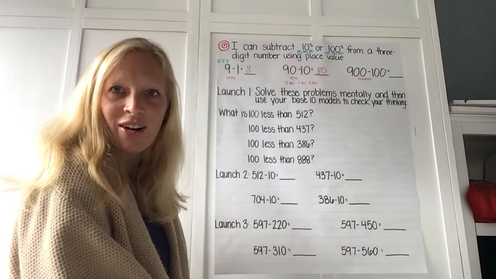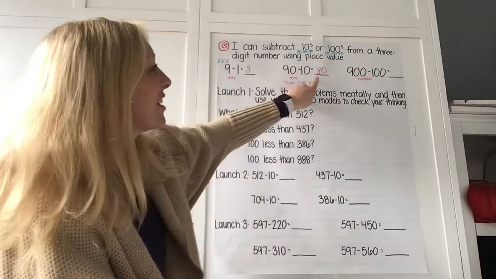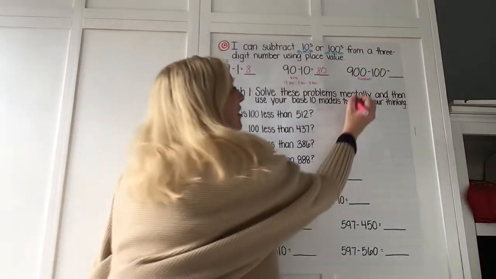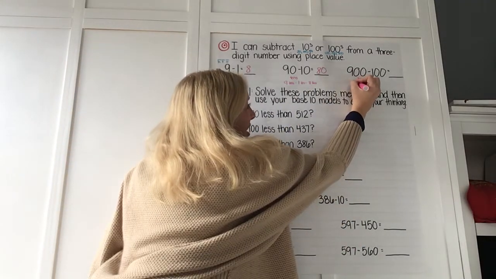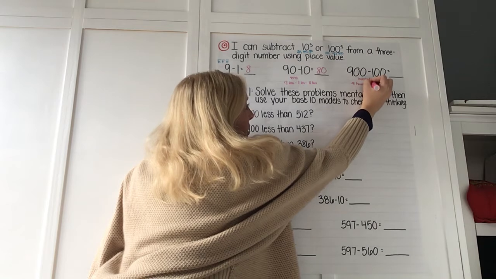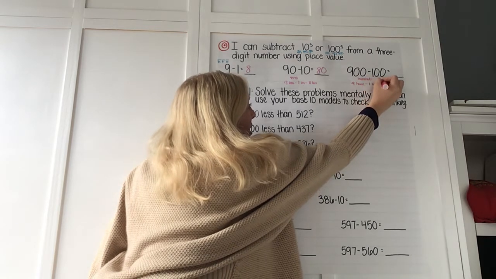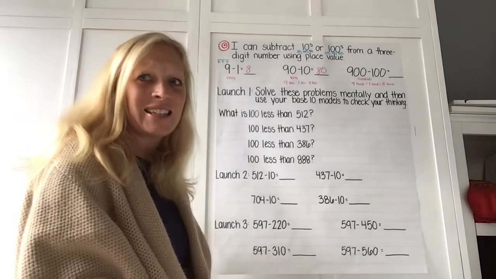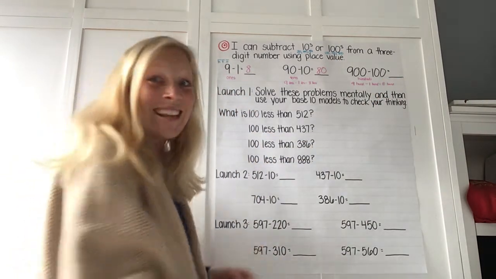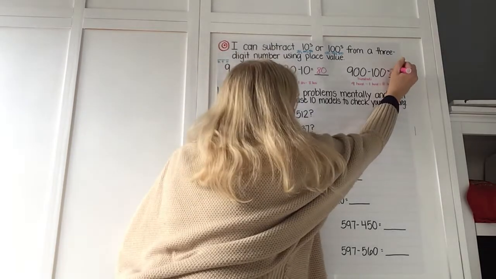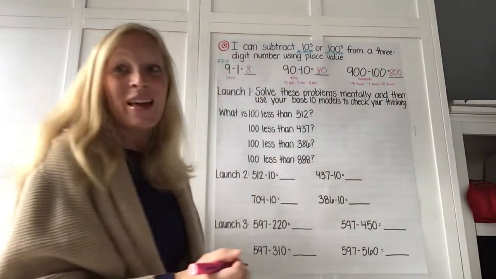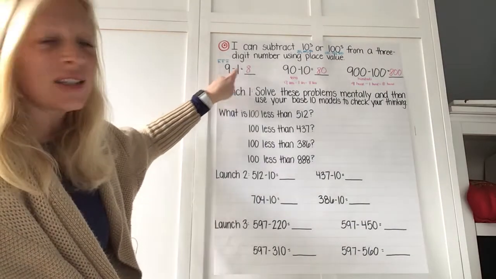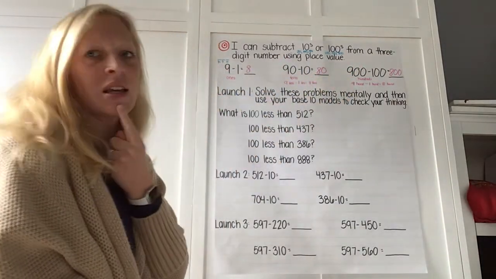Oh, look at that, 8, 80, 8 in the tens place. What about our hundreds? Right, that's like saying 9 hundreds take away 100 equals 8 hundreds. And how do we write 8 hundreds? Yes, if there's 8 hundreds, that means that is worth 800. So when we look at this, we can use this to help us solve this and this.